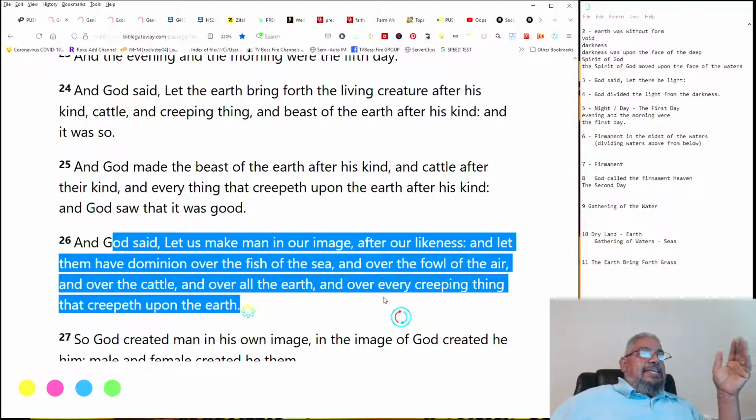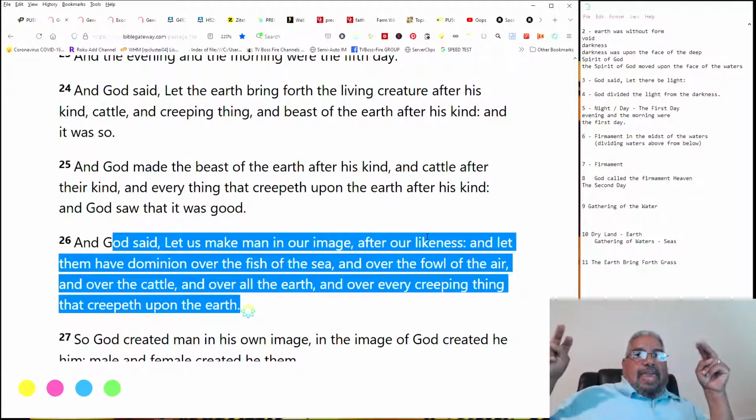So basically, God gave man a big boost from the evolutionary process, which would have been normally developing into man, some type of man.